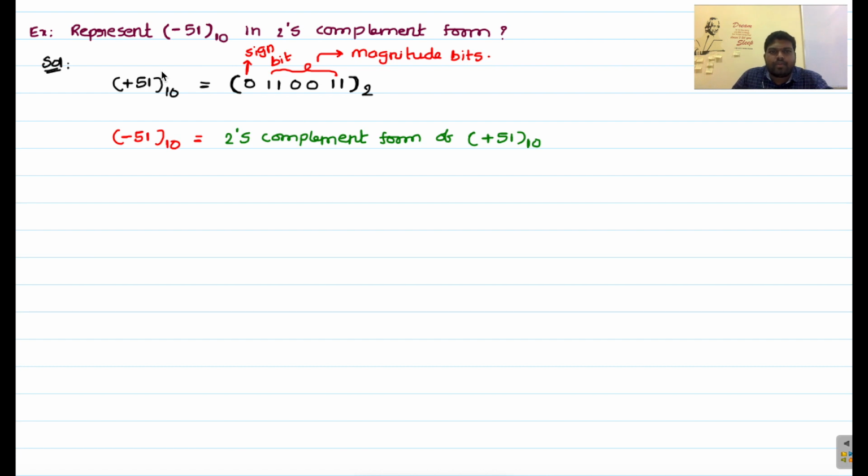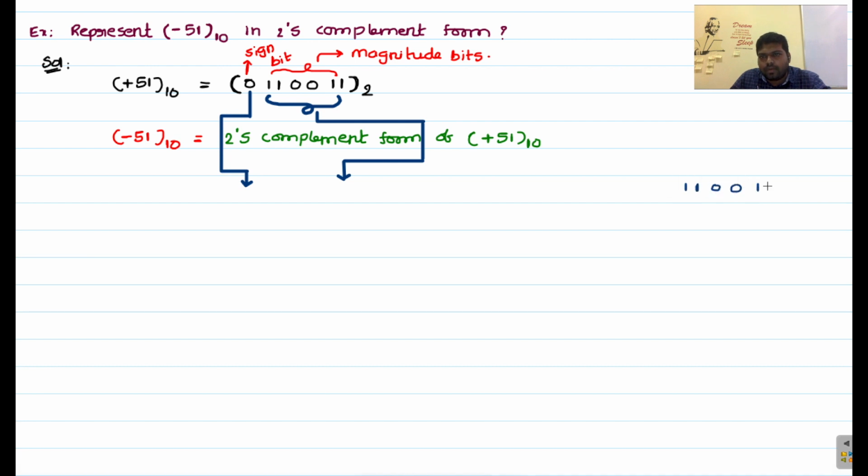For a positive number we use sign bit 0. In the same way, to represent minus 51, we use 1 as the sign bit. So here the sign bit is 1. First take the magnitude bits, those are 110011. These are the magnitude bits.